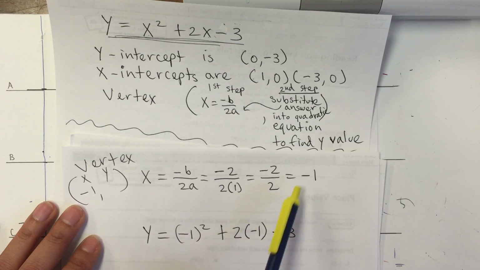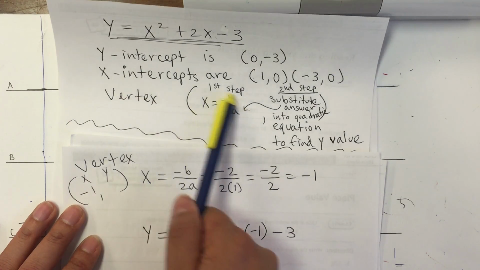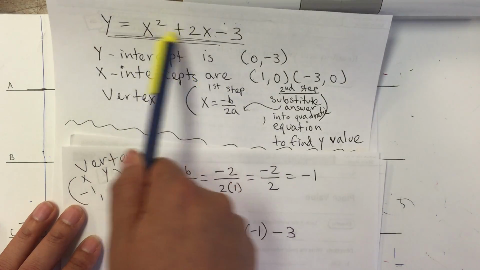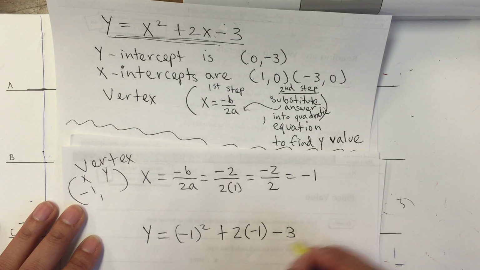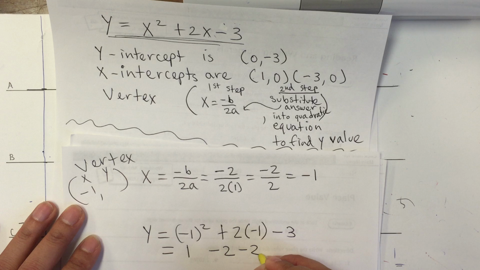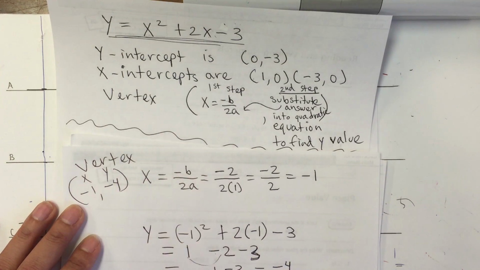So all I did was substitute the value that I found for x in here, in my x's. Negative 1 squared is 1. Positive 2 times negative 1 is negative 2. And negative 3. So 1 minus 2 is negative 1, minus 3 is equal to negative 4. And so that's my value of y.